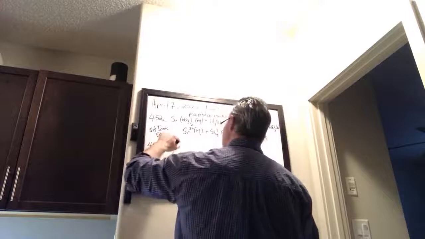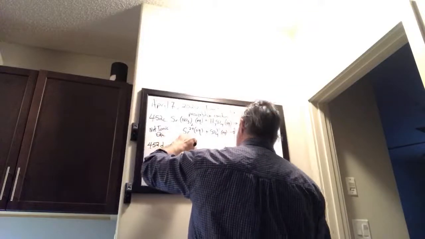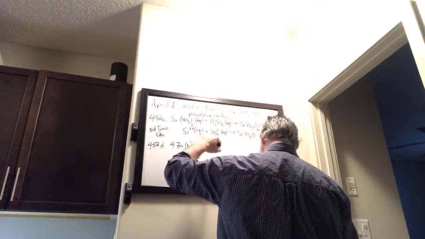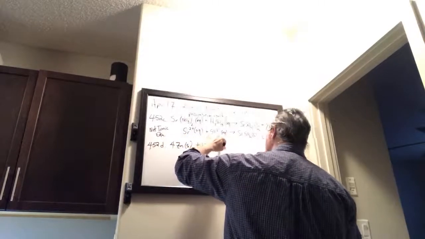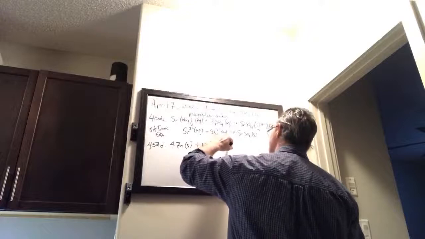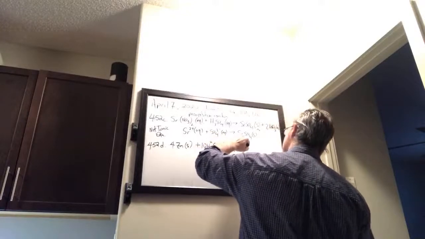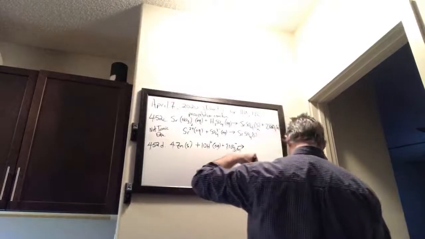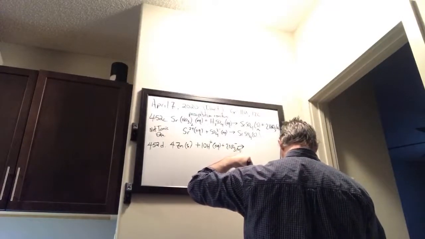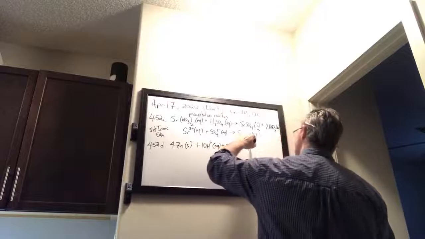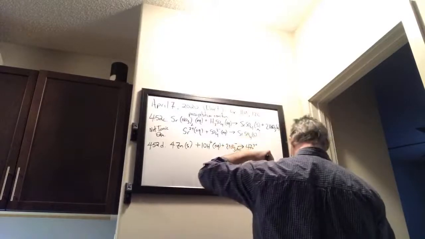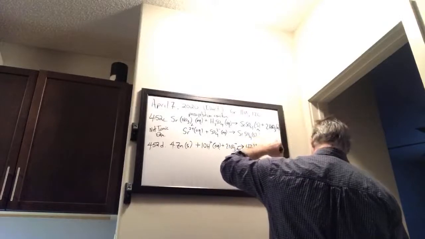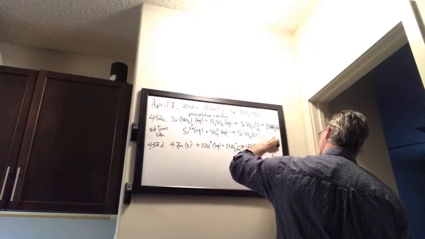In this fourth reaction, we have zinc plus 10 hydrogens plus the nitrate anion, aqueous, giving you 4 zinc cations and dinitrogen oxide and water.